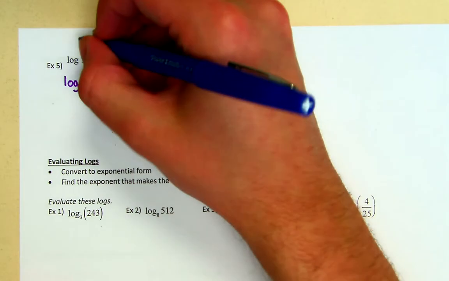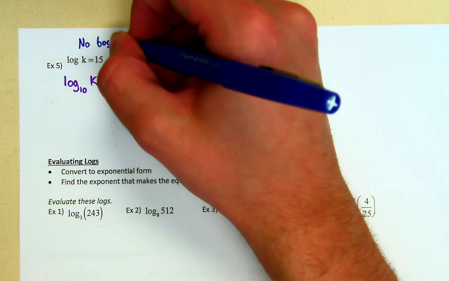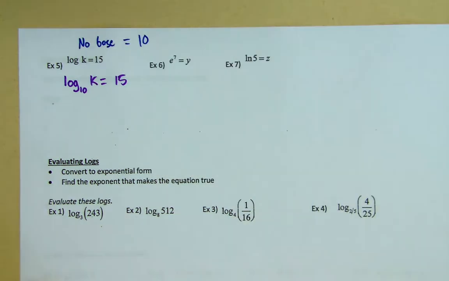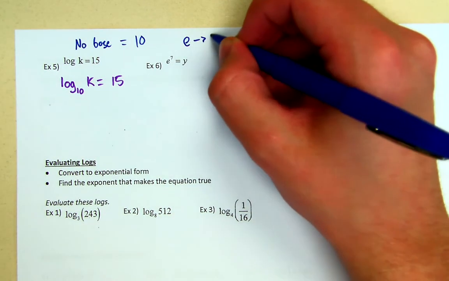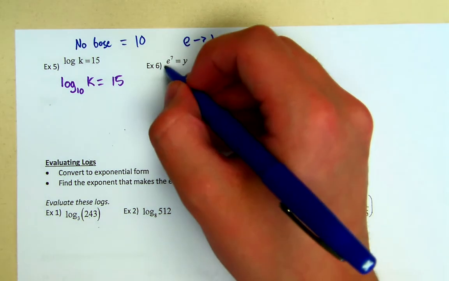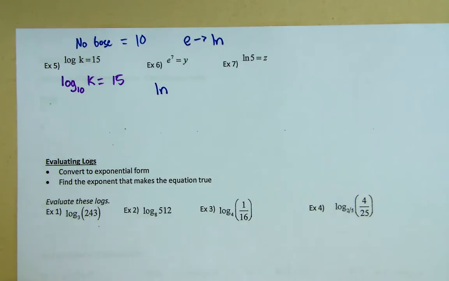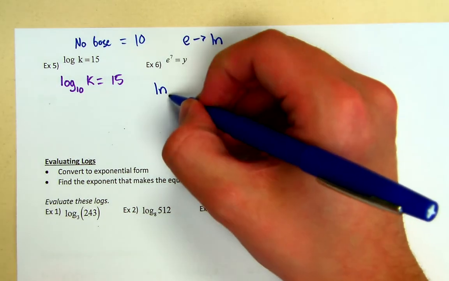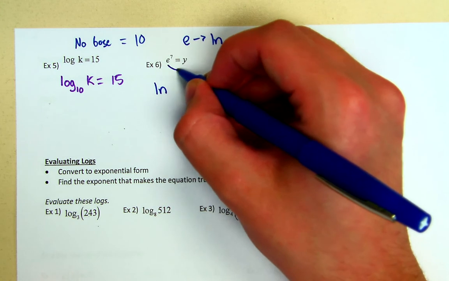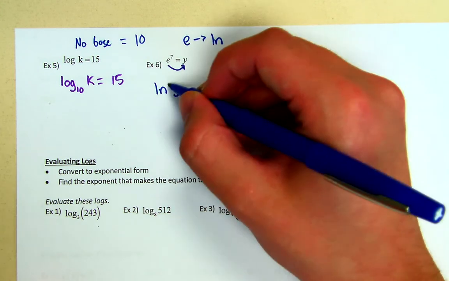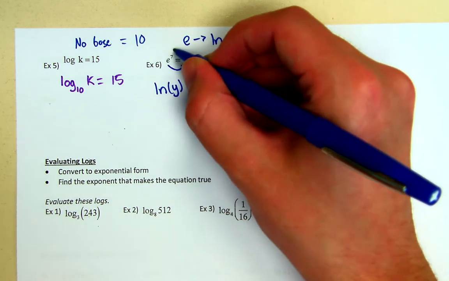So no base equals 10. If you see an e, again that goes with the natural log. So natural log, I made the mistake, not supposed to say ln. Natural log base e, well we don't have to write that base e, of y is 7.